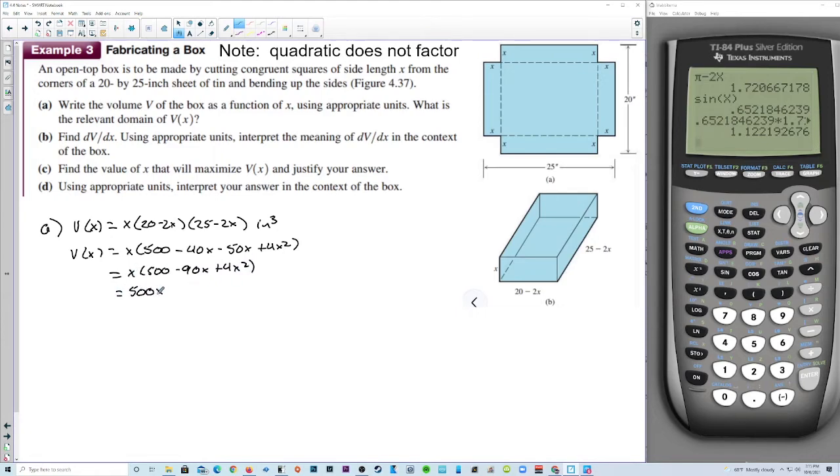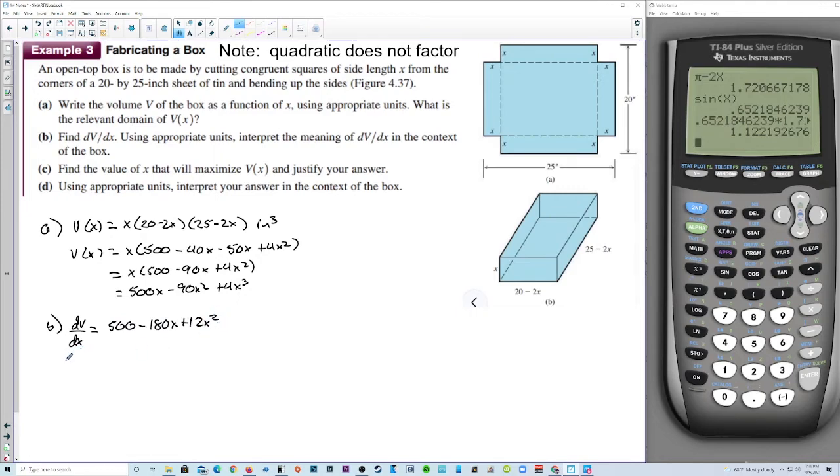So 500x minus 90x squared plus 4x to the third. Letter B. Find dV/dx. Using appropriate units, interpret the meaning of dV/dx in the context of the box. So dV/dx is equal to 500 minus 180x plus 12x squared.